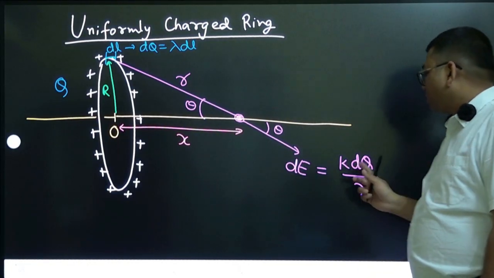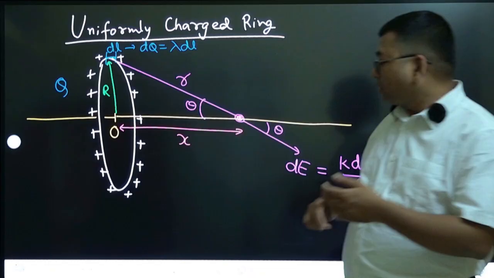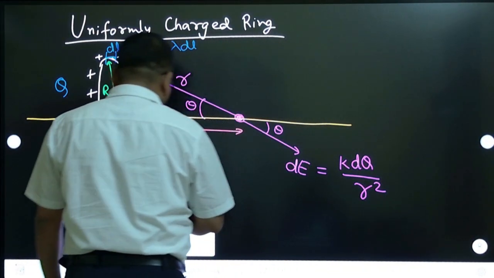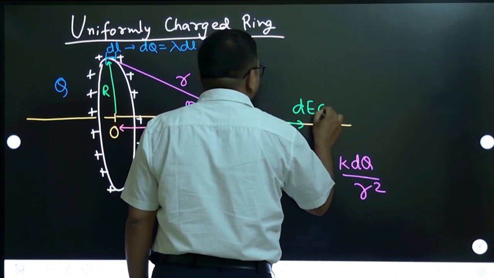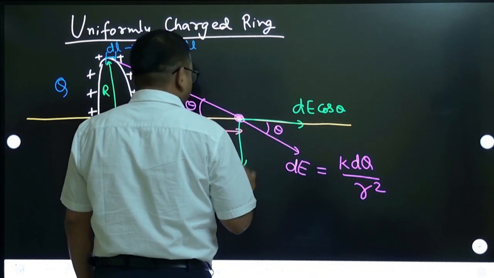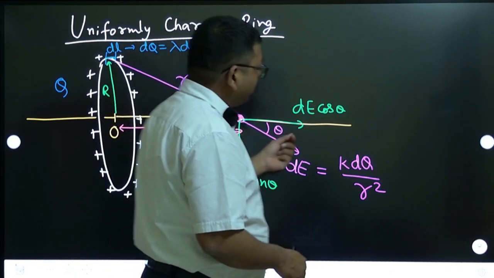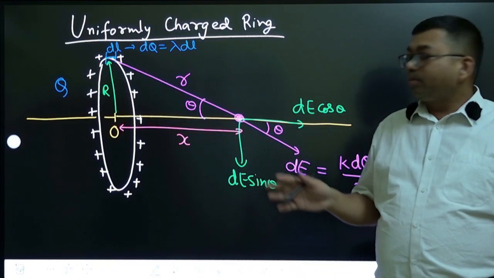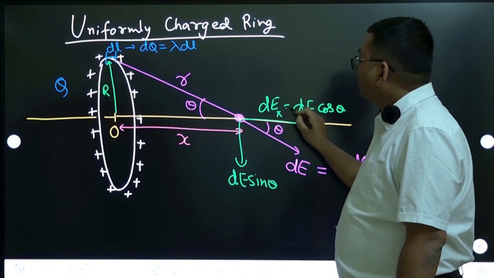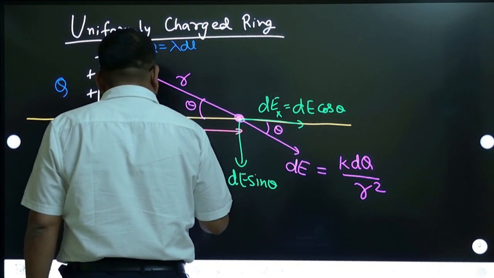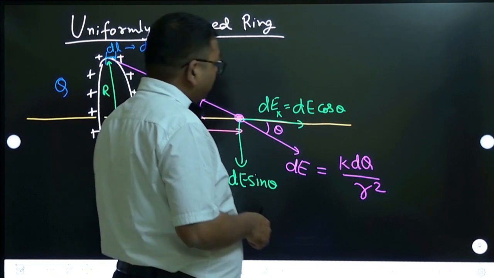So dq is the only variable, but note that the field you have to resolve into two directions, right? Because field is a vector, you want to add this, so you have to resolve this into dE cos theta and dE sin theta. So when you are integrating, you have to integrate both components. This is the small component along the x-axis, dEx, and this is the small component along the y-axis.